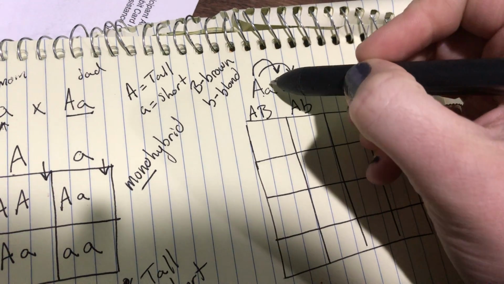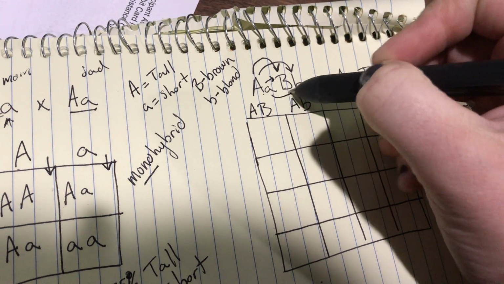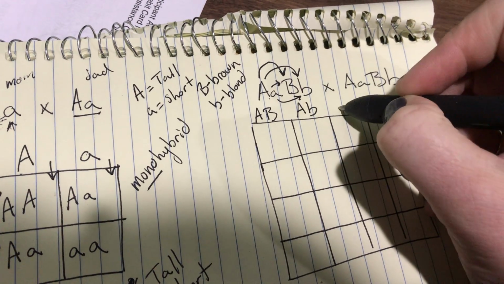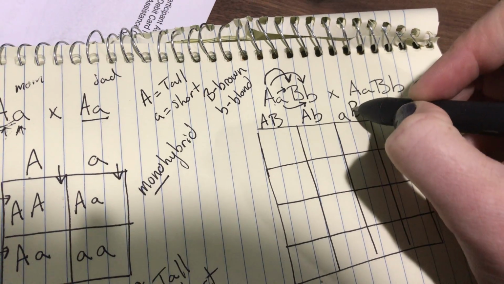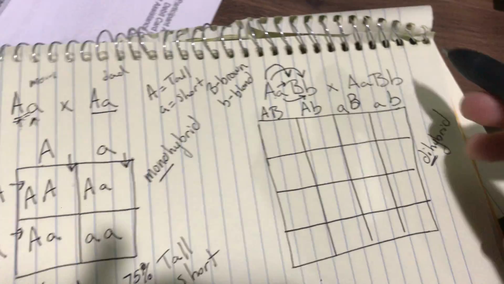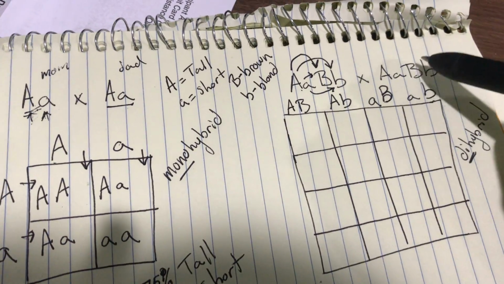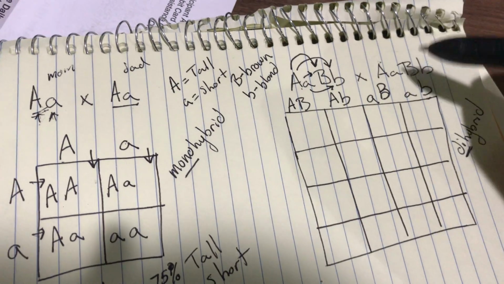And then you want to do the same here. We're going to match this lowercase a with this B and with this b. So it'd be lowercase a, capital B, and then lowercase a, lowercase b. So that's this parent, and then we're going to do the same thing and put this parent on the sides.